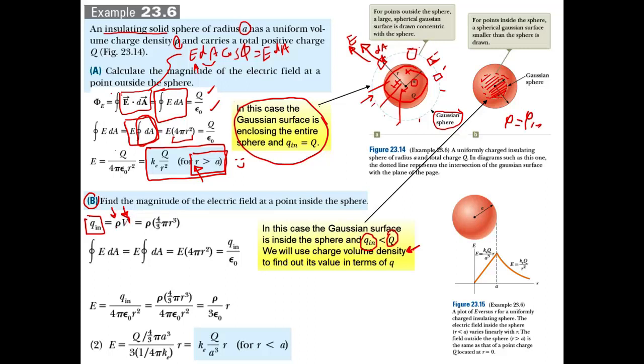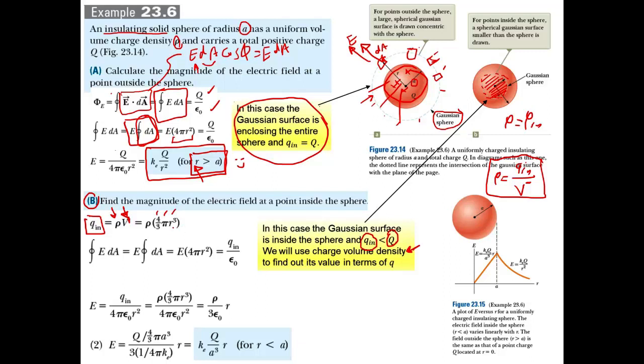It's simply the definition of rho, right? Let me write it here. Rho is equal to Q inside, so now we are speaking about the small Gaussian surface, divided by V prime. And the volume of the sphere is equal to 4 divided by 3 pi r cubed.